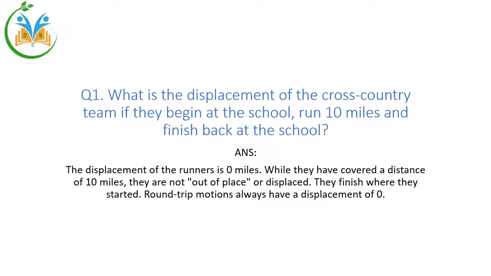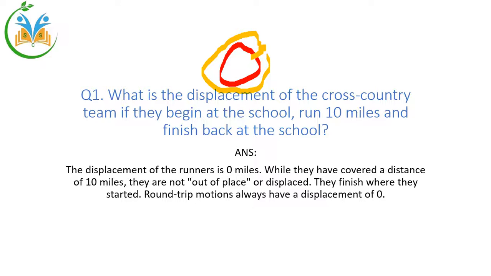See, this is a cross country team, right? And a cross country team, if they begin at a school, suppose this is a school, they started from here and after completing they return to the same starting point.